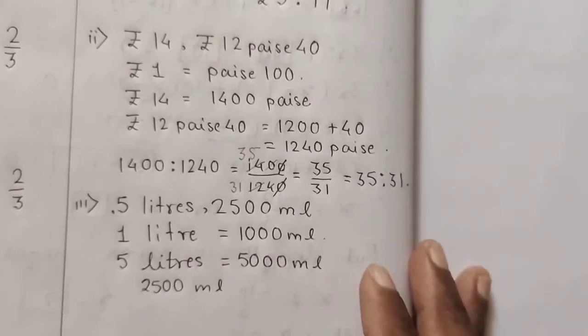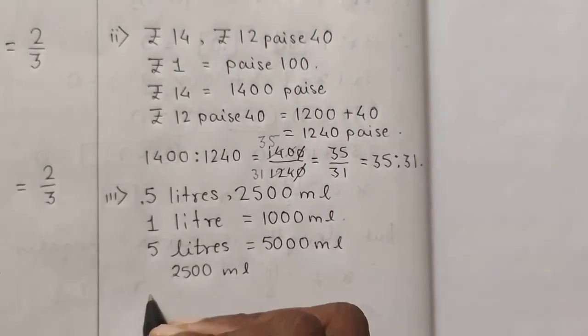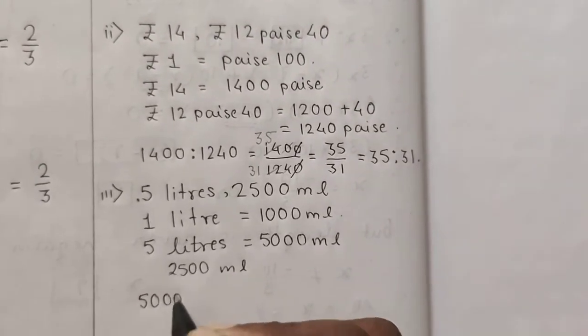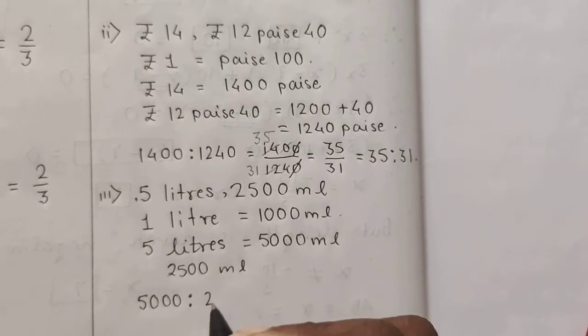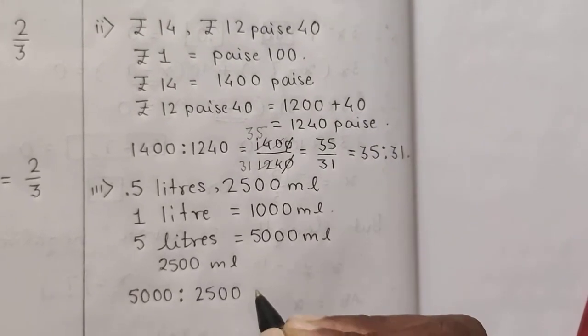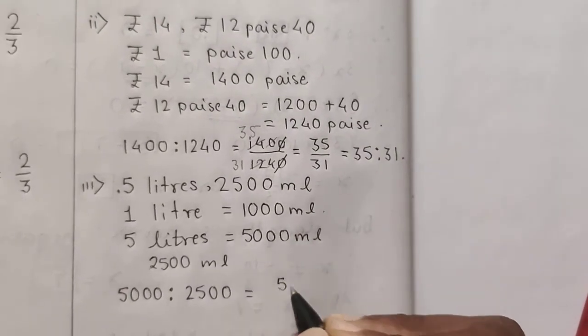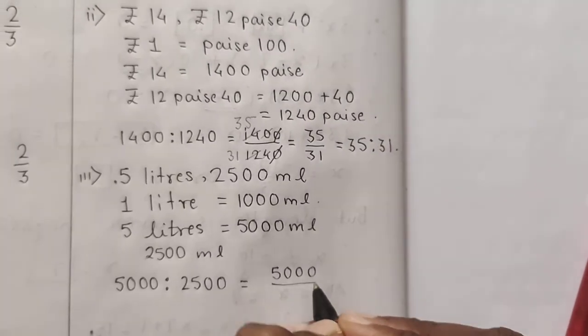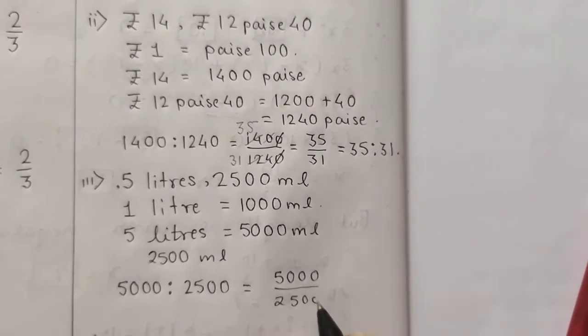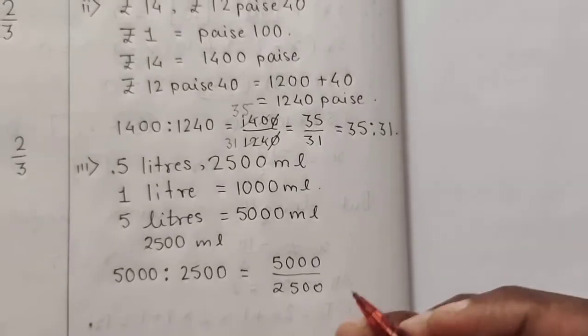So you can easily find out the ratio of both, that is 5000 is to 2500. So this is very simple, that is 5000 divided by 2500. Now we want to do the cancellation.